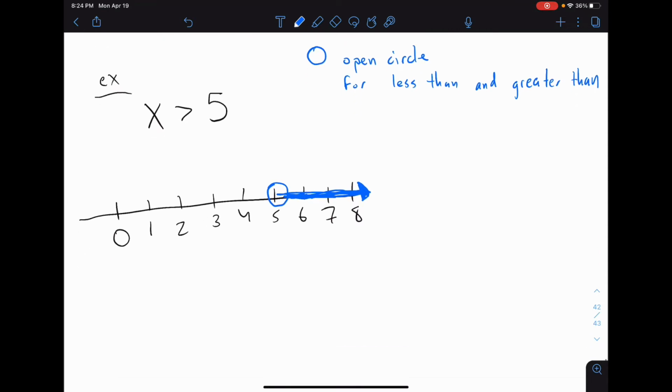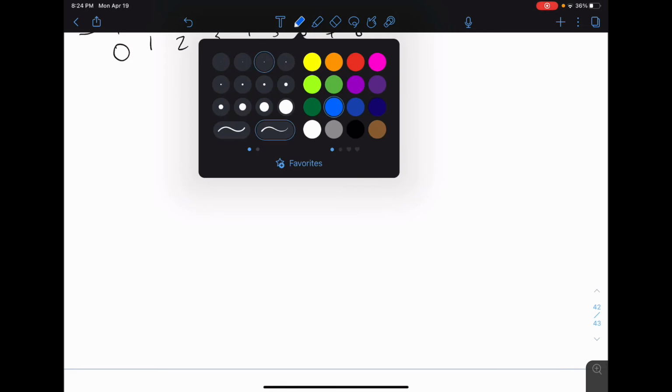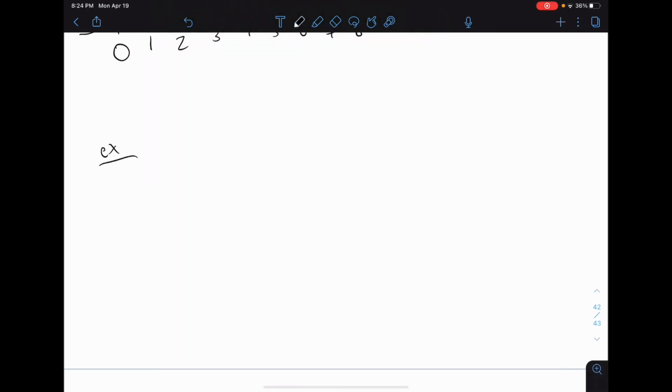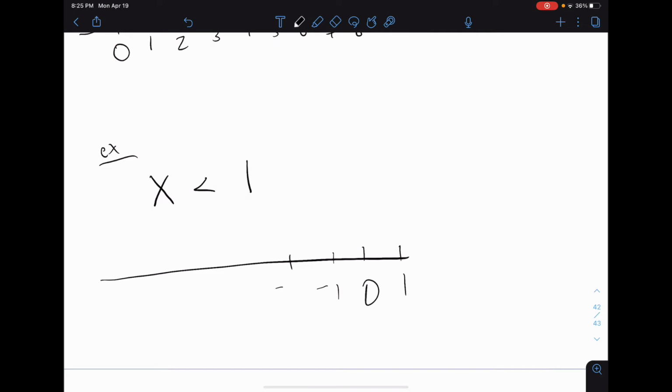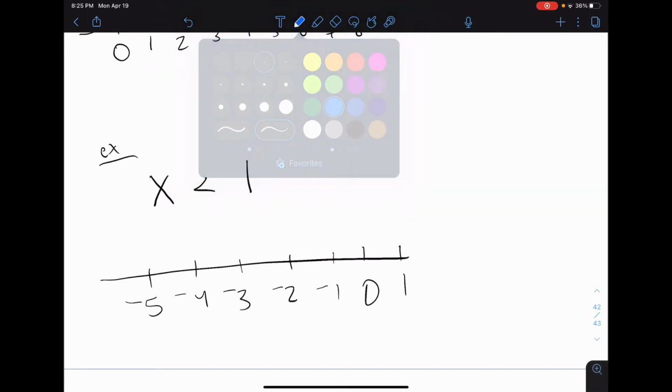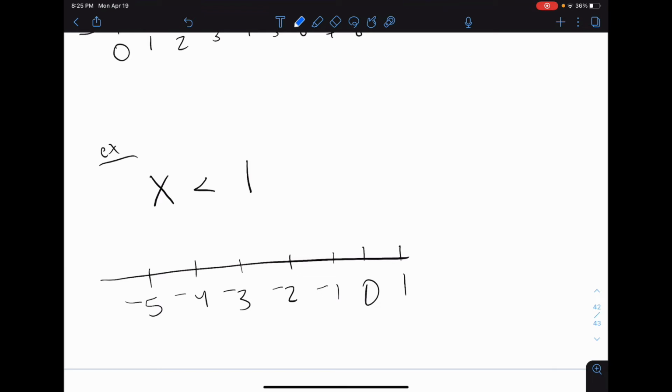Here's another example. I have x is less than 1. Do a number line, hagan una línea numérica. Where do I start? ¿A dónde comienzo? I start at 0. And since this is just less than, it is an open circle. Es un círculo abierto. No está colorado.